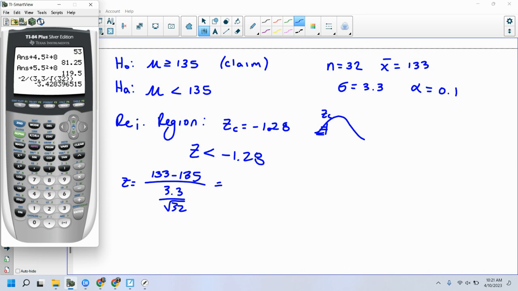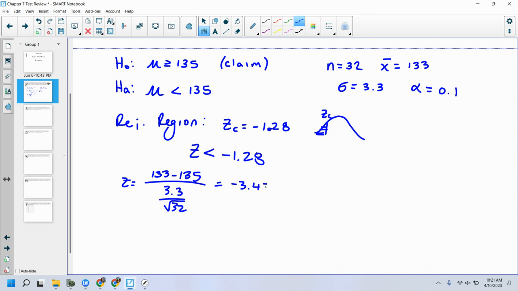Negative 3.43. Okay, so what is my decision? Is it less than negative 1.28? Yes. So do I reject or fail to reject? I reject the null.